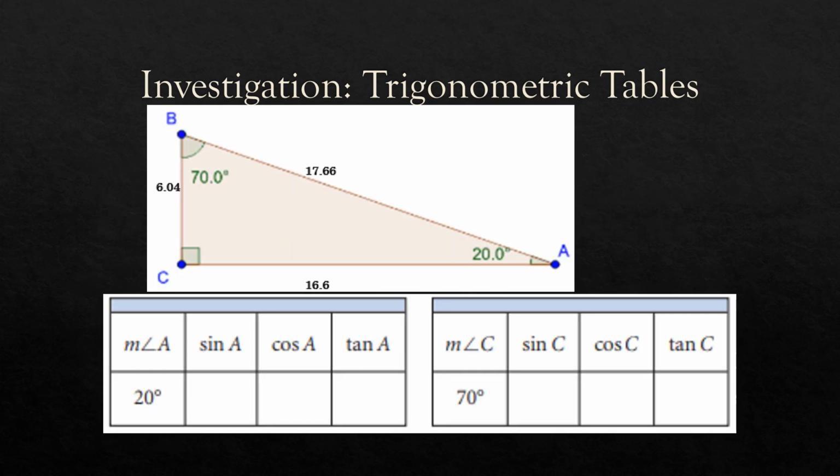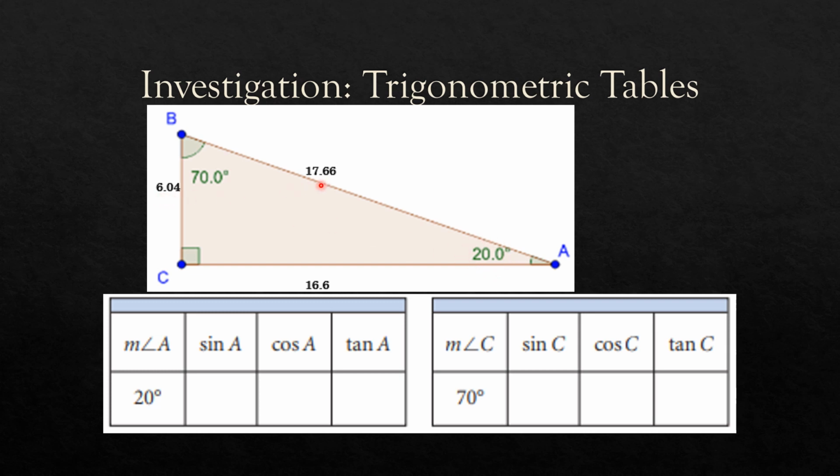Here's my 20, 70, 90 triangle. Then I measure the sides and I have a short side of 6.04, the hypotenuse of 17.66, and my longer side is 16.6. For my sine ratio of 20 degrees, my sine is opposite over hypotenuse.